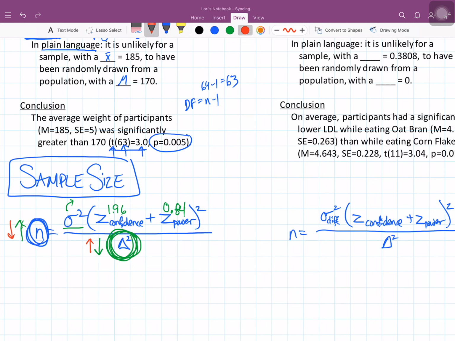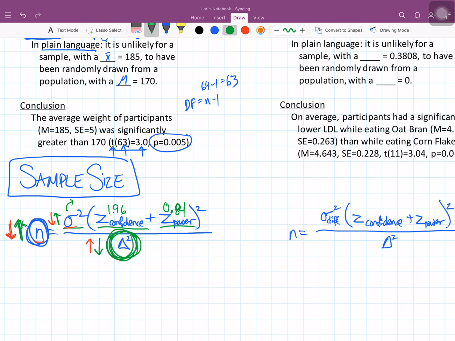You'll also see that there is a direct relationship between the standard deviation and sample size. So if the standard deviation goes down, the sample size goes down. If the standard deviation goes up or it gets wider, then the sample that's needed to detect that also goes up. The z for 95% confidence interval never changes, and the z for power of 80% never changes.